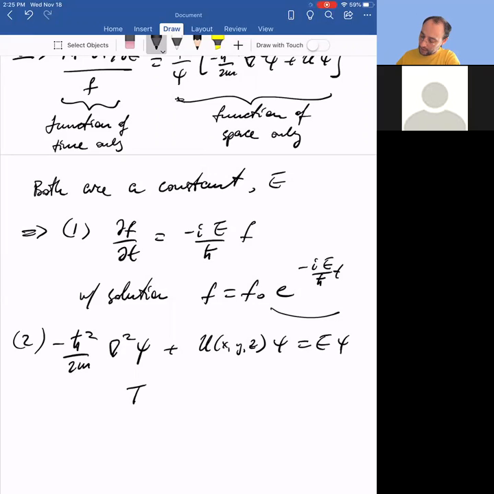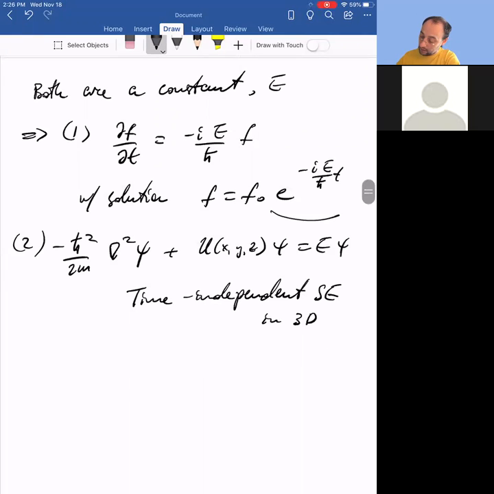and this is called the time-independent Schrödinger's equation in 3D. But just as in 1D, you can see that you can write this as the Hamiltonian operator operating on the spatial part of the wave function gives you the wave function back multiplied by the energy.